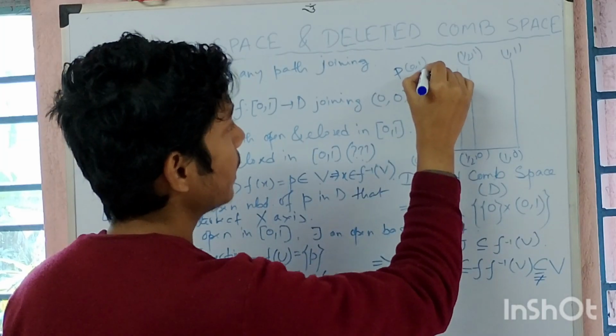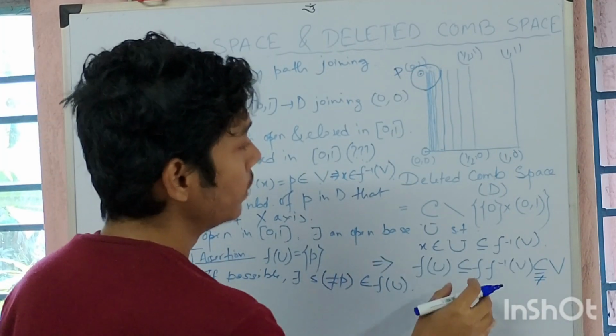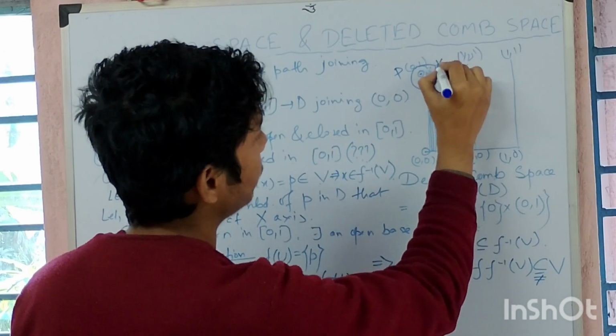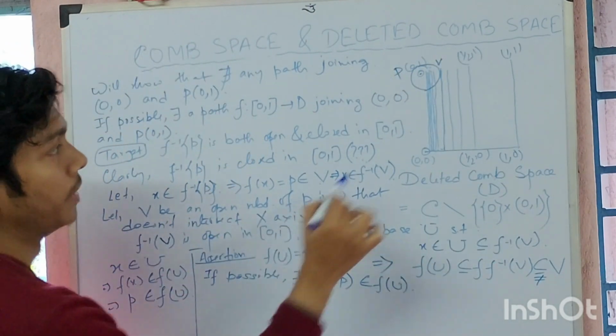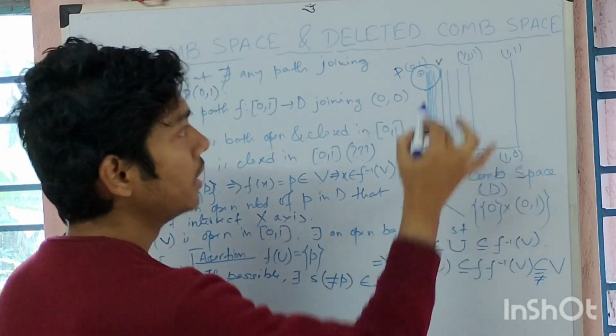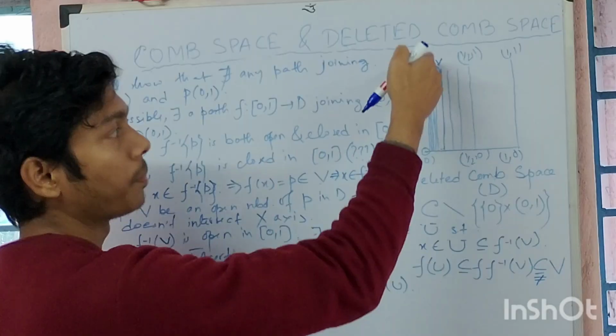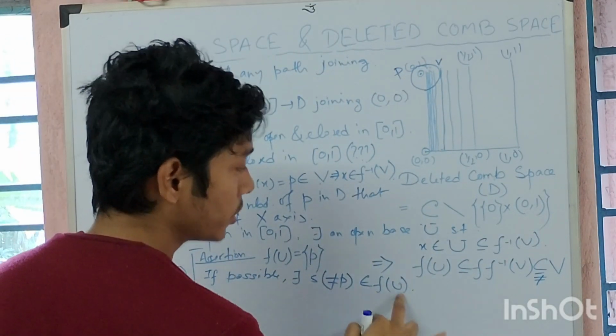V is a neighborhood. I have taken V as an open neighborhood of P, and F of U is a subset of V. So F of U is a subset of this neighborhood. Clear? And S belongs to F of U.